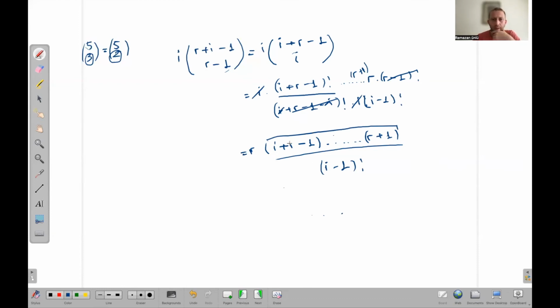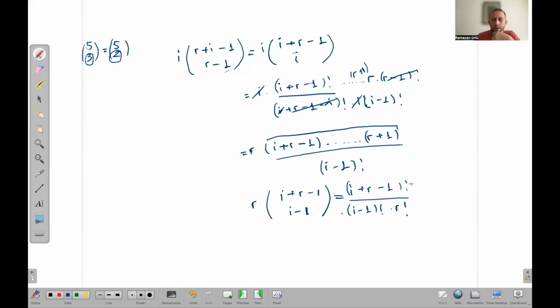Okay, so how can I simplify this part? I can rewrite this one as something like that, right? r times i plus r minus 1, choose i minus 1. Sorry, i minus 1. Why? Because if I open this one, it will be i plus r minus 1 factorial divided by i minus 1 factorial times r factorial, right?